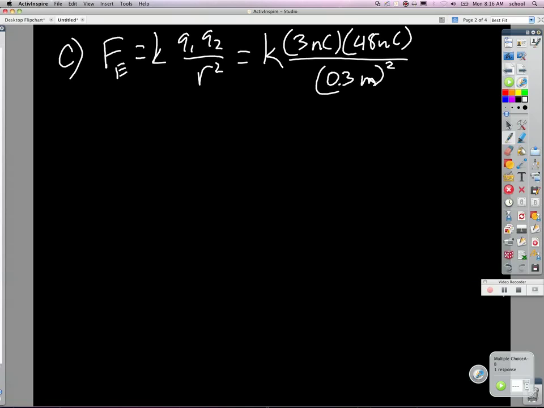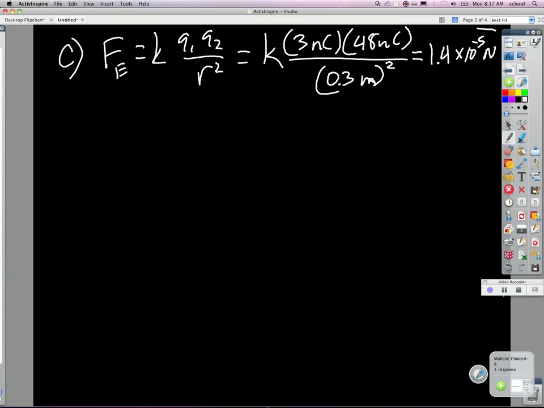Next part, part D. It says determine the x-coordinate of the point at which the electric potential is 0. What is the equation for electrical potential? What symbol do they use on your formula sheet? Delta V, okay. And what's the equation for this?